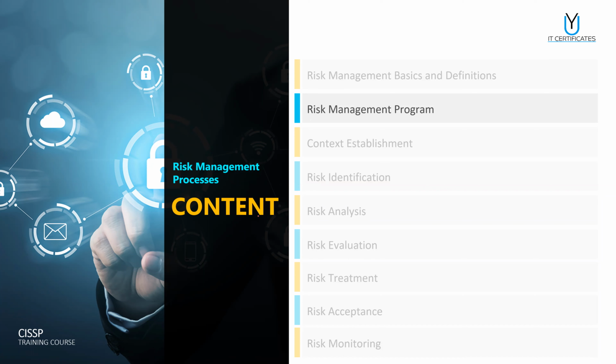Also, we went through the risk management processes very quickly, and we know that there are 8 processes which represent the risk management. What we will do now is start digging more into the first risk management process, which is the risk management program.